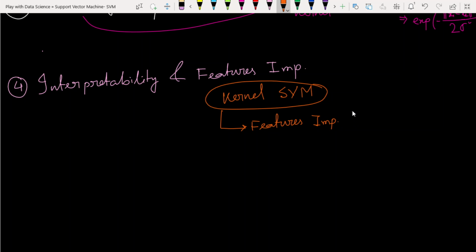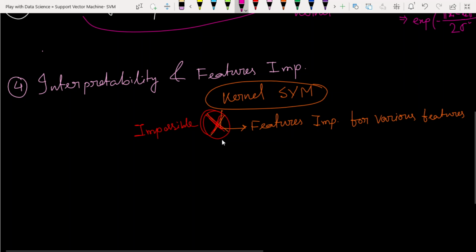It is totally impossible to find the feature importance for the various features directly. But we can use a trick, the forward selection method.